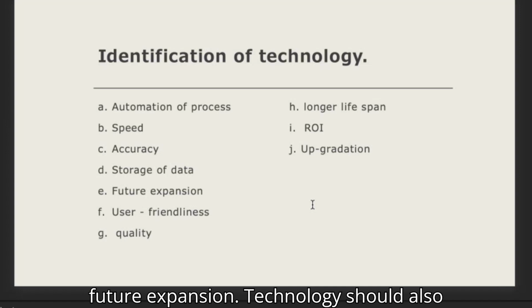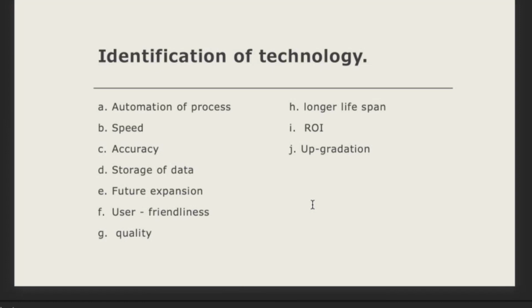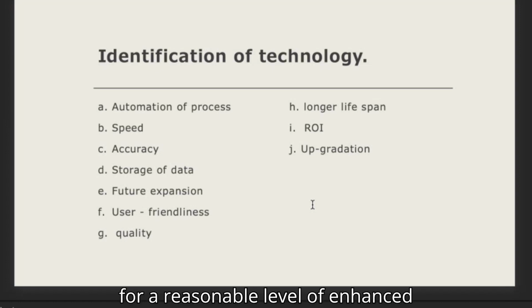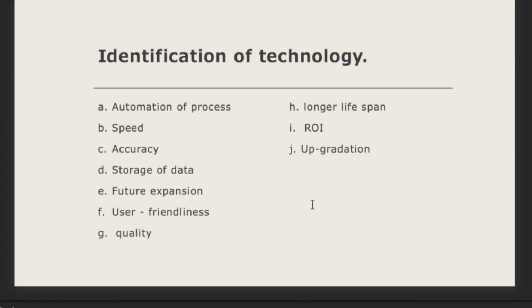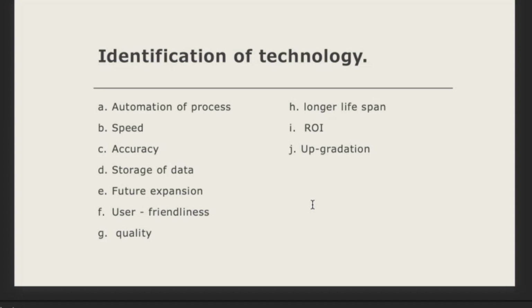Future expansion. Technology should also support the future expansion of the activities of the organization for a reasonable level of enhanced operations without incurring huge additional capital expenditure. That is, technology should help the organization expand its activities.